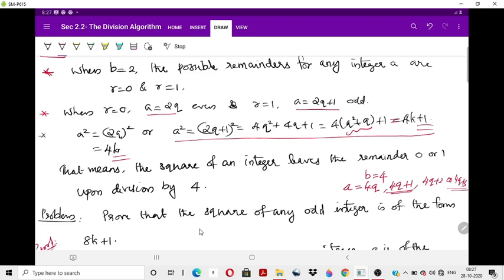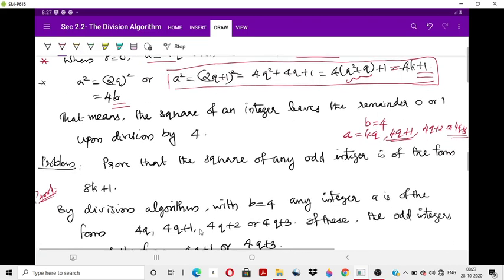So here we need to take this one, because when we take an odd integer in the form 2q plus 1, we can't get its square of the form 8k plus 1, because we have mentioned above that when a equals 2q plus 1 its square will be of the form 4k plus 1.